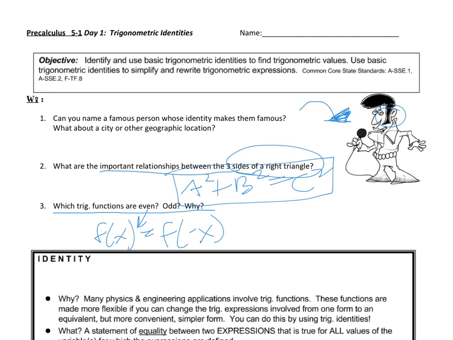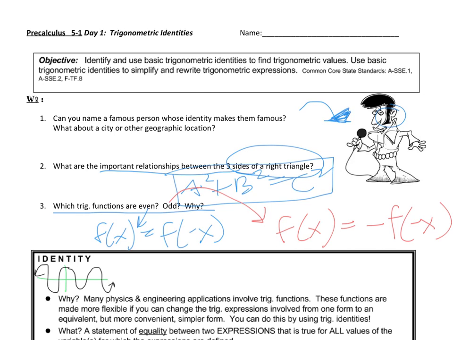That's true for any input and its opposite. For an odd function, when you put in the opposite input, you will get the opposite output. This is the function notation for even and for odd.